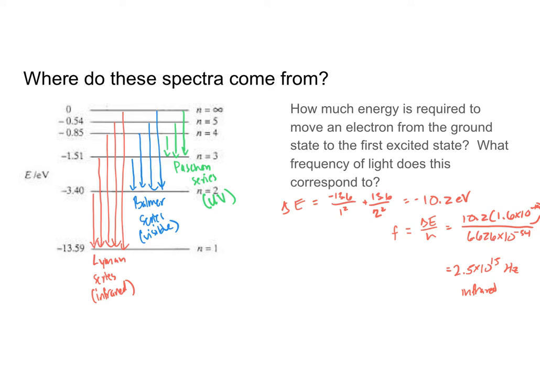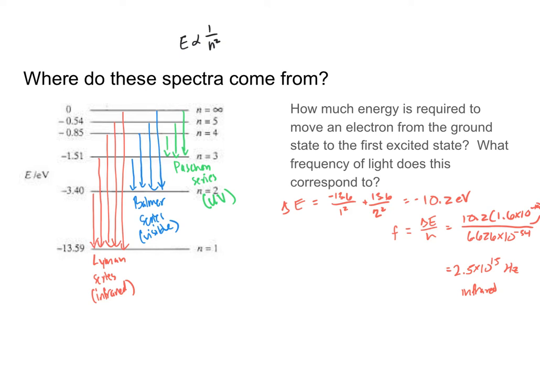Now, the last thing that I'd like to mention, for folks who may have forgotten from chemistry: when we're drawing the energy levels in an atom, we want to make sure that the gaps between energy states decrease as we go up. This comes from the 1 over n squared component of our energy function.